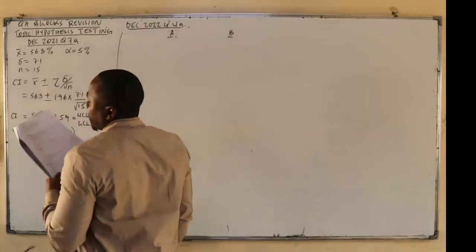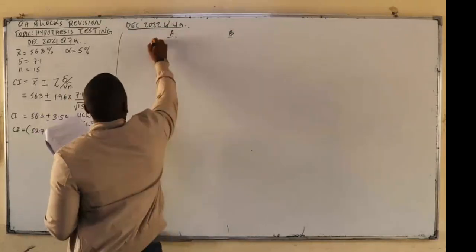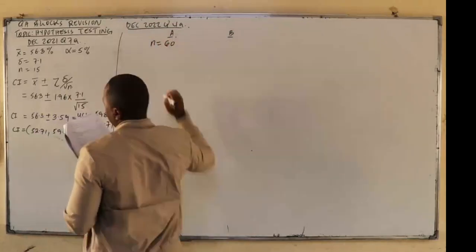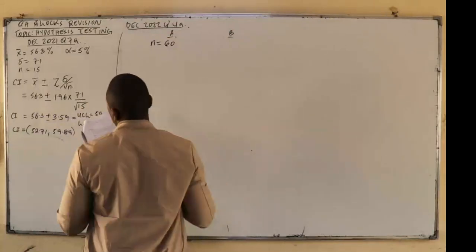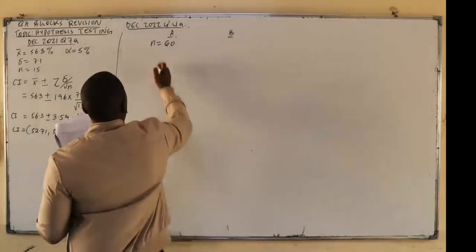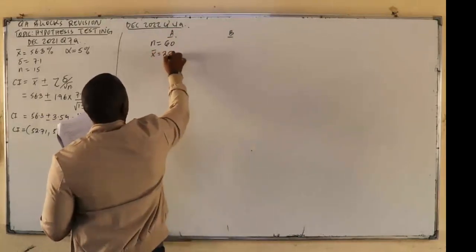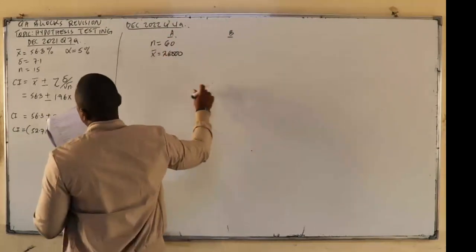A sample of 60 machine A's is taken. So N for A was 60. A sample of 60 machine A's taken from the market reveals that the machine has a mean useful life of 28,000 hours with a standard deviation of 900 hours.